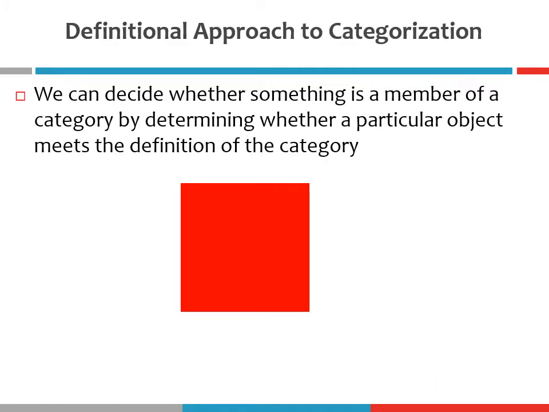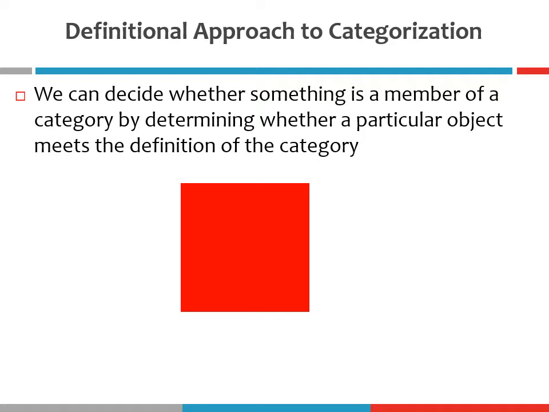Okay, so next what we're going to talk about is the particular theories that have been posited as far as how we come to categorize different concepts. So perhaps the simplest approach to categorization is the definitional approach, right? And that just says that we decide if something is a member of a particular category or not by determining if that object meets the definition of a category.